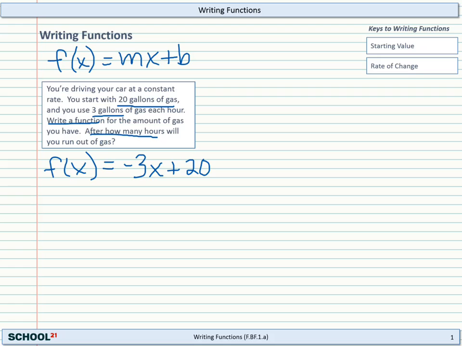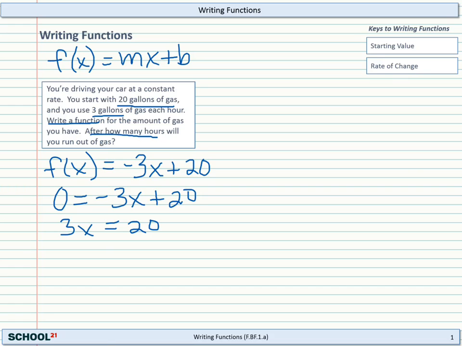Now, can we answer that question? After how many hours will you run out of gas? Well, what does that mean? It means the value of f of x will be 0. So let's go ahead and put that value in. 0 equals negative 3x plus 20. And then we can add 3x to both sides to get 3x equals 20.